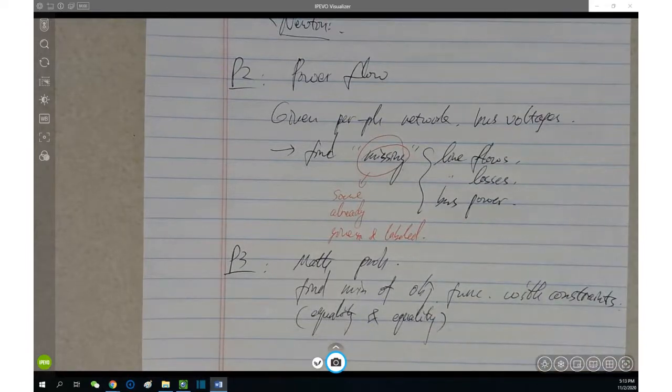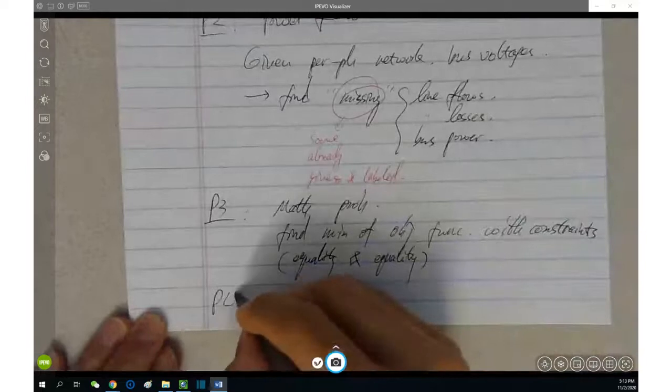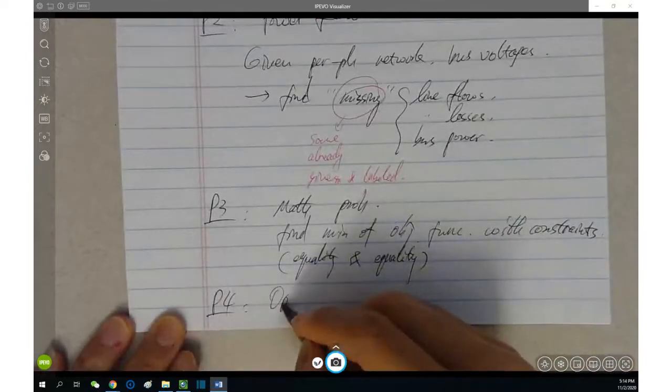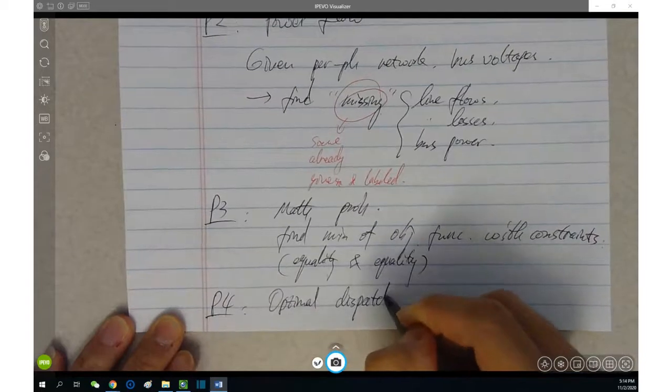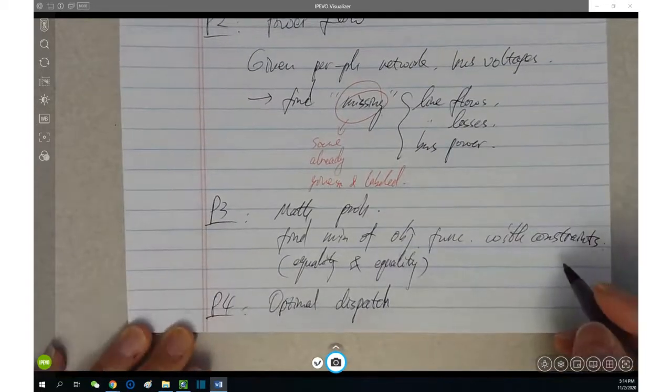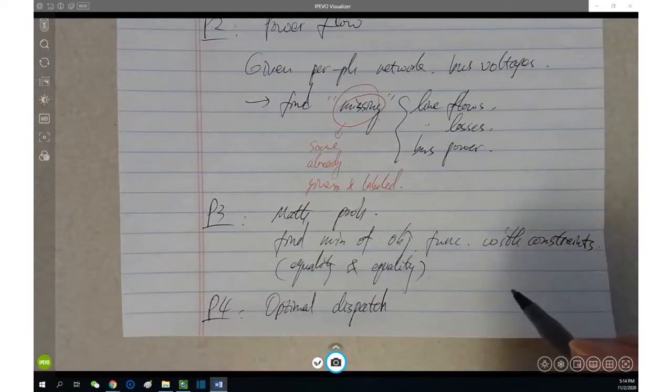I'm planning to give you more than one constraint function. This is a math problem. Problem 4 is just an optimal dispatch problem. Okay, we have an example for this module.